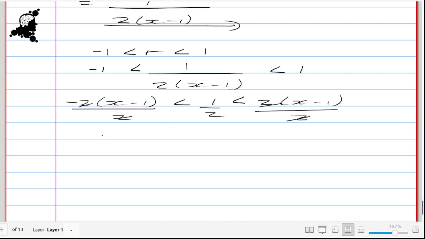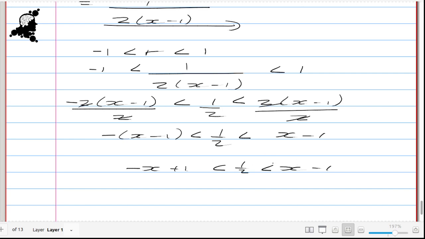We're going to have here -x minus 1 is less than a half, which is less than x minus 1. If we simplify this, negative x plus 1 is less than 1 over 2, which is less than x minus 1. In this case, I can group my variables one side and my numbers one side.